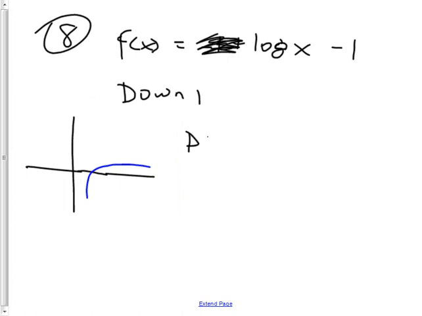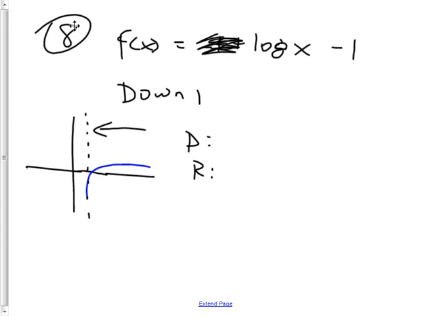Okay, domain, range, and the domain on this guy, is there any limits? Yes, there is. So it stops right there at, actually, it's been moved over 1, so it's 0. Oh, it's been moved down. That's right. It hasn't been moved to the right.